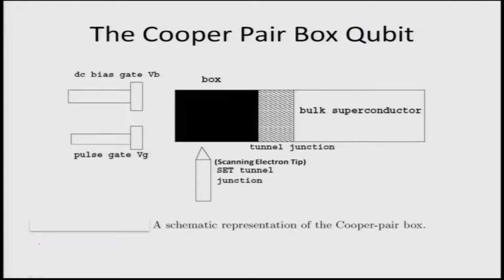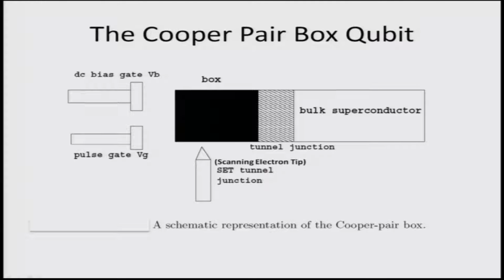The Cooper pair box qubit is based on the idea that it has the Cooper pair located in two parts. One is the bulk superconductor, and there is the part which is the main part, which is connected to the box and has the DC bias gate VB or the pulse gate VG.